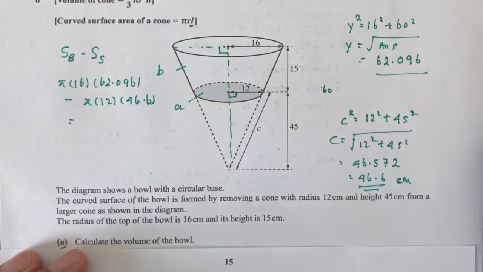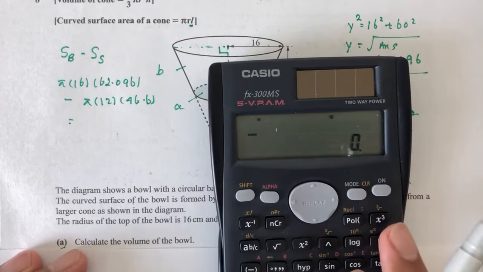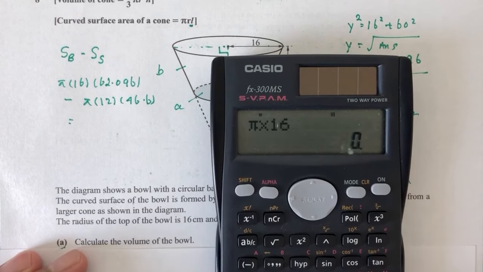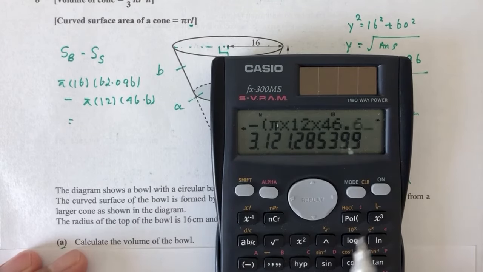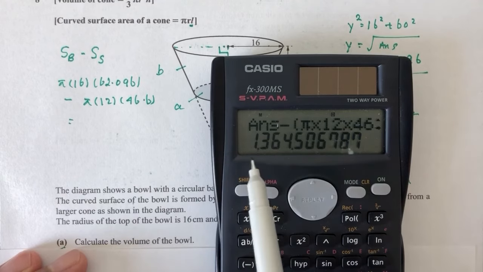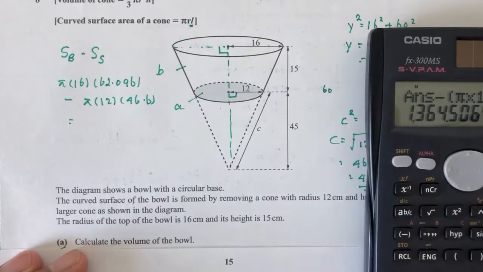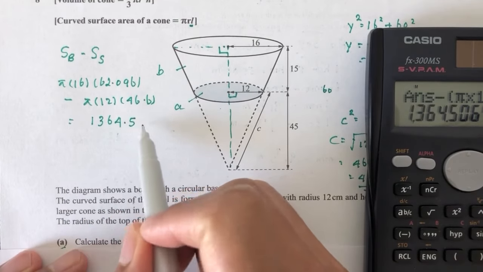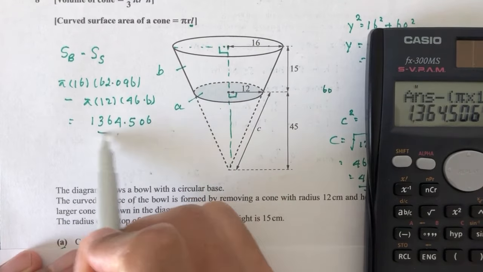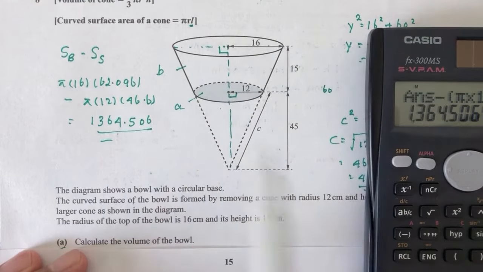Okay, so now we can use our calculator again. We have pi times 16 times 62.096, that's the first part, minus pi times 12 times 46.6. That will be 1364.506. So that is the area of the curved surface.